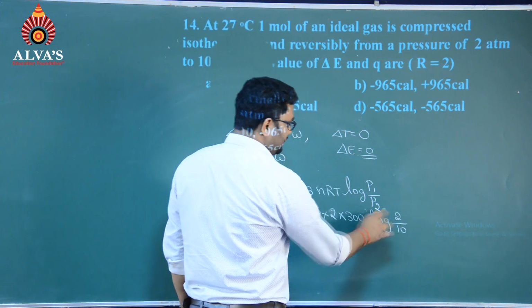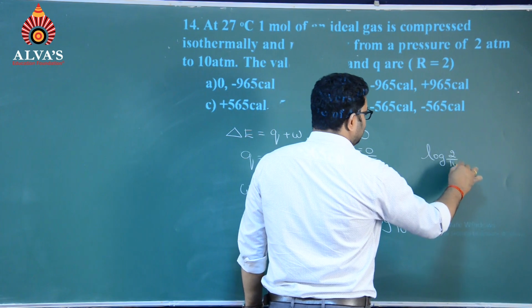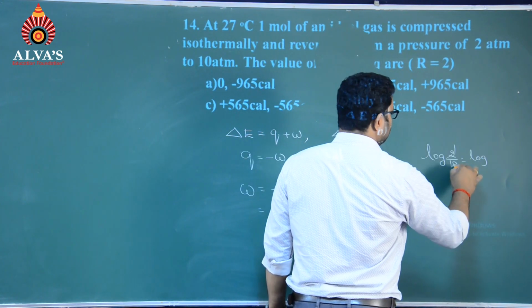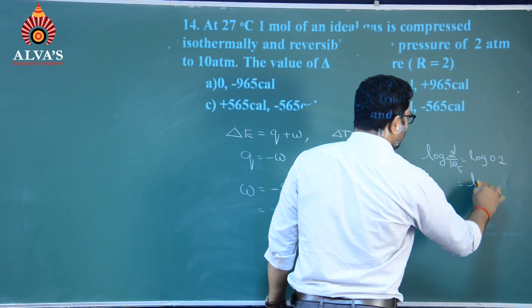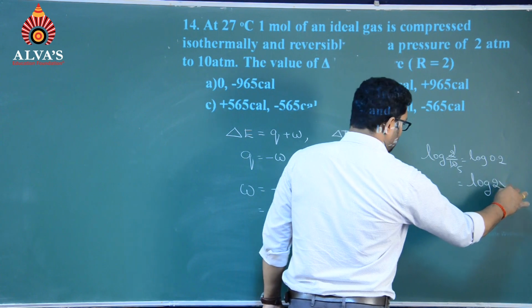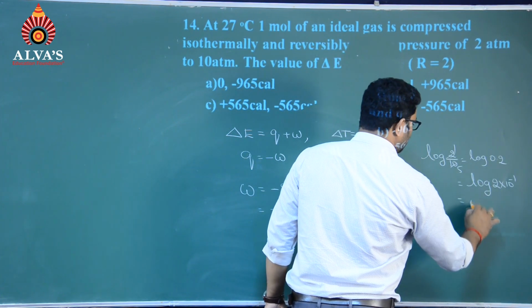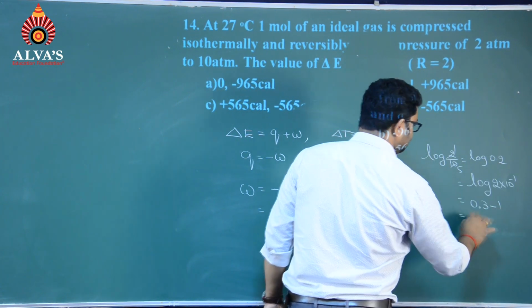Let's simplify log 2 by 10. Log 2 by 10 is nothing but log 1 by 5. 1 by 5 is 0.2. I can take log 0.2 as log 2 into 10 to the power minus 1. Therefore, the value of log 2 is 0.3 minus log 10 to the power minus 1 is 1.